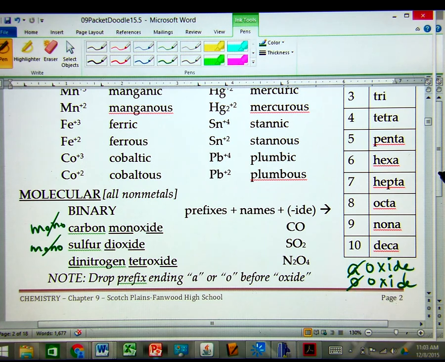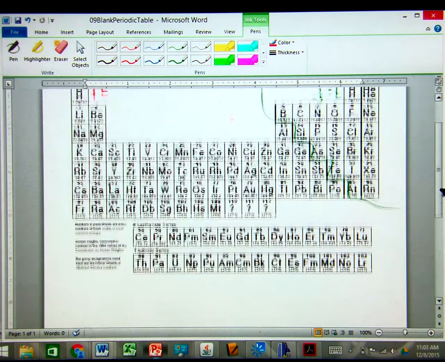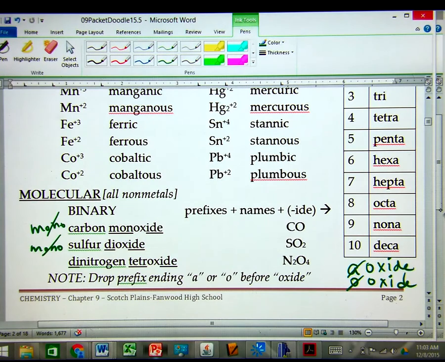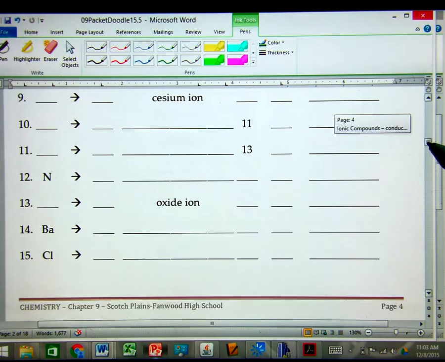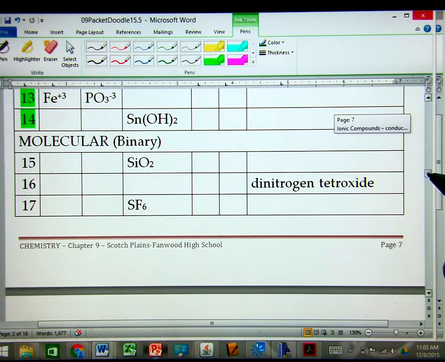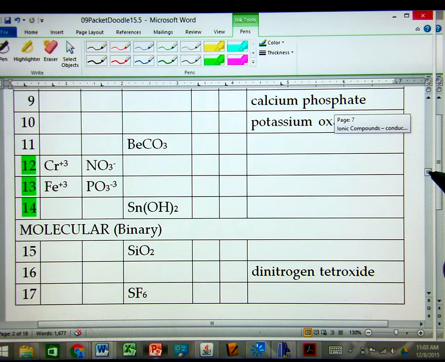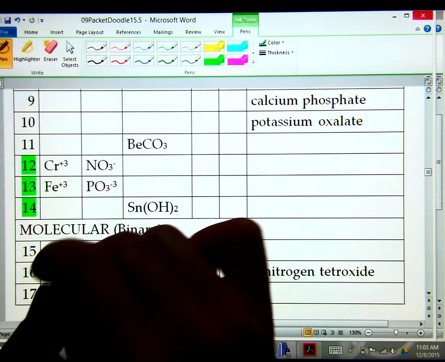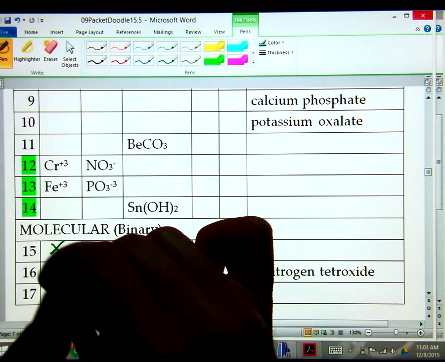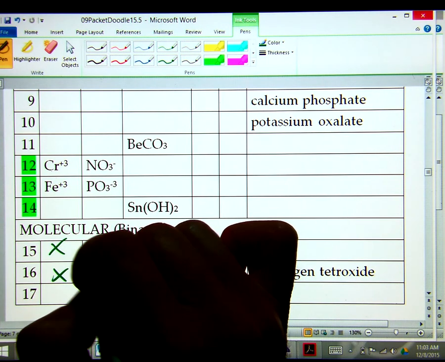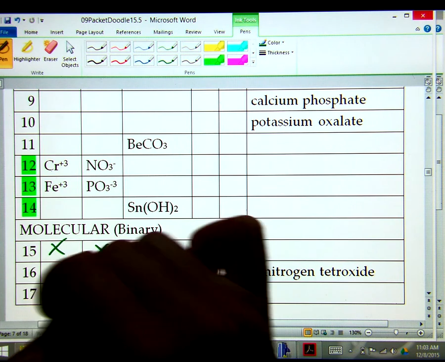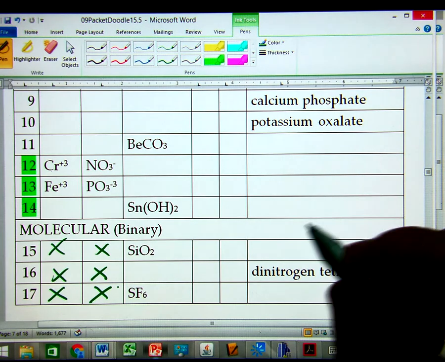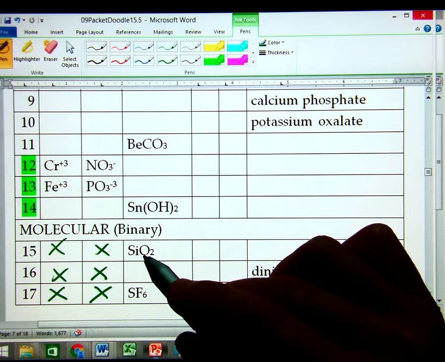So let's practice a little bit of these with a worksheet. Further along in this packet, this is the ending of worksheet 7. So with moleculars, what you need to understand is there are no pluses and no minuses, so you will actually just cross off these columns and say there are no pluses and no minuses. Now when we name these, we're going to name them for each part.